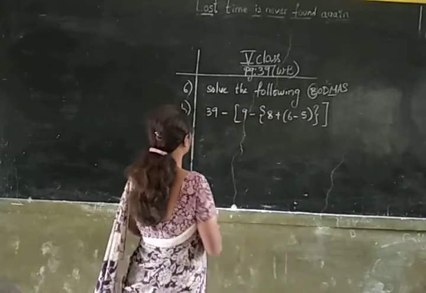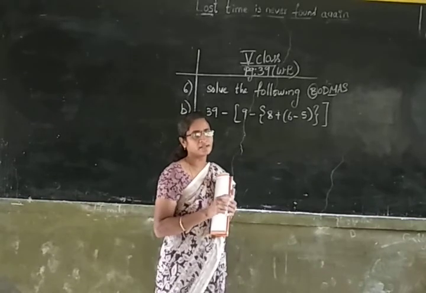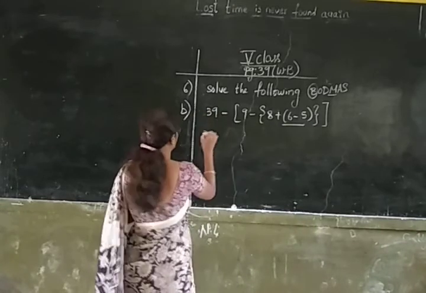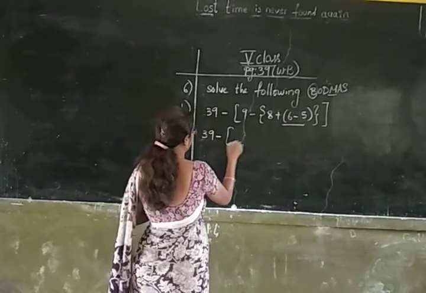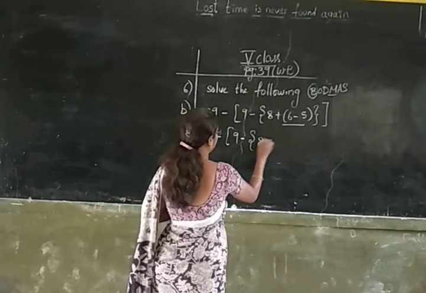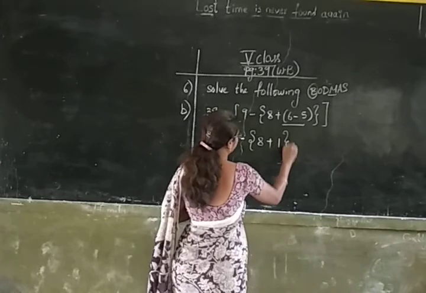Okay children. So according to the BODMAS rule, first we have to solve the terms inside the round bracket. So let us solve these terms. 39 minus square bracket, 9 minus flower bracket, 8 plus 6 minus 5 is 1.